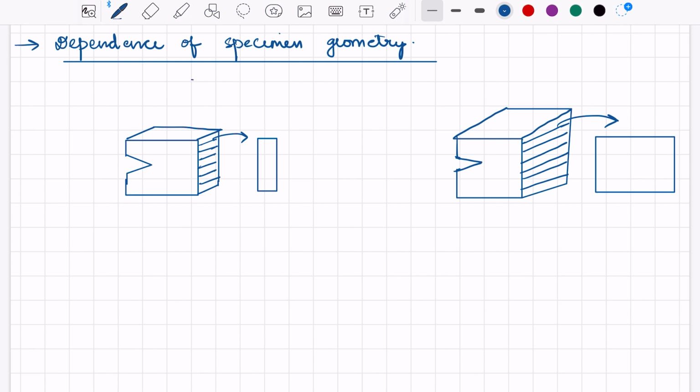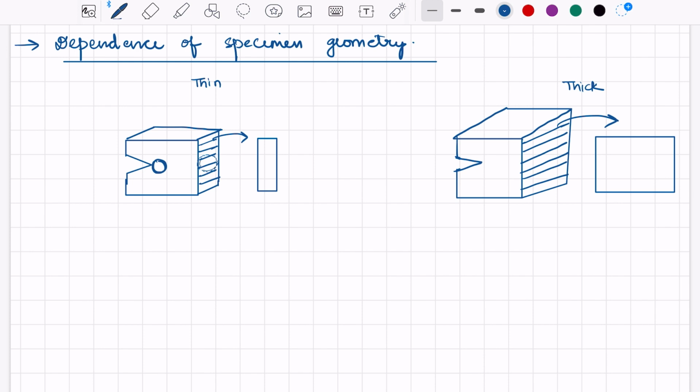Here this is a thin plate and this is a thick plate. What is the difference between the two? The plastic zone that is formed ahead of the crack tip, because it's an elastic plastic material, the plastic zone that is formed ahead of the crack tip will cover throughout the thickness.